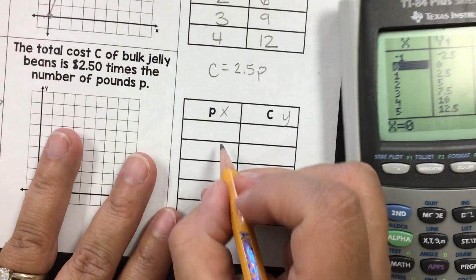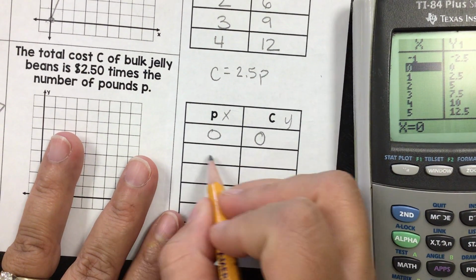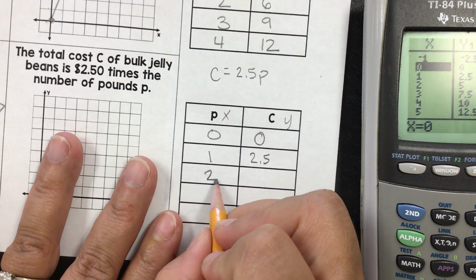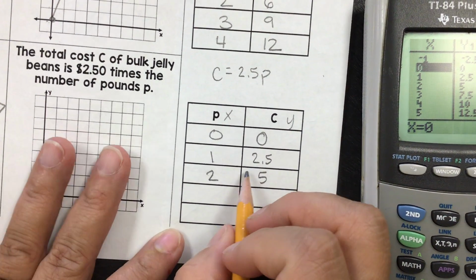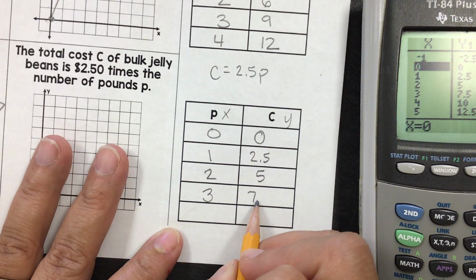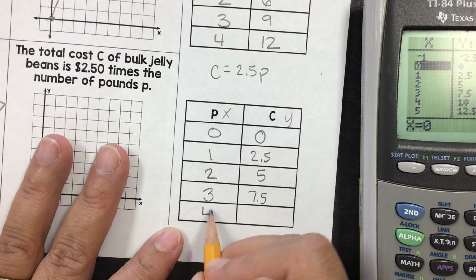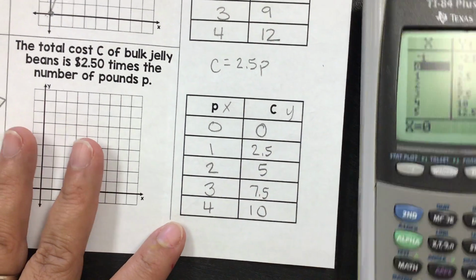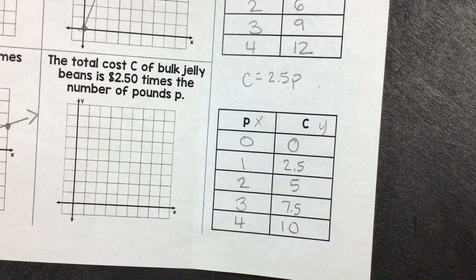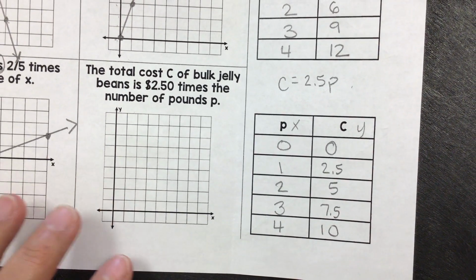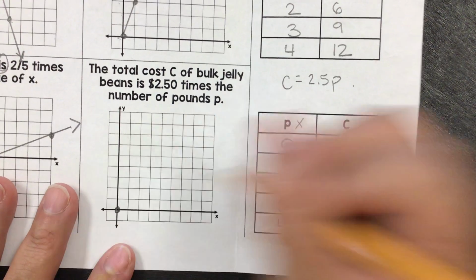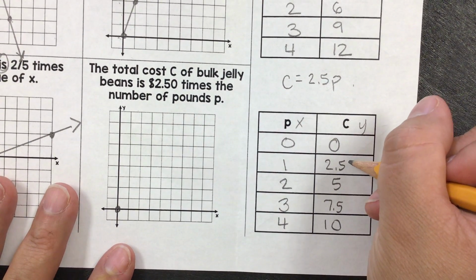And I'm going to start at the 0, 0. 1, 2.5, 2, 5, 3, 7.5, 4, 10. Those decimals are not easy to graph, so we have enough points that we don't need to graph them. We start at the 0, 0. I'm going to skip 1, 2.5.